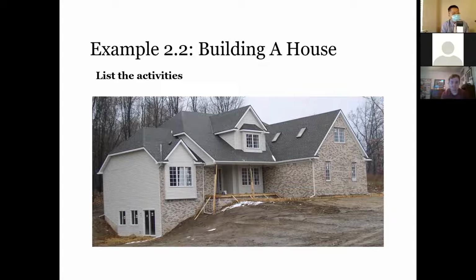In this residential house, you can see there is brick and there is facade work. So think about what types of activities you want to list over there. In a few minutes, I will provide you my list.